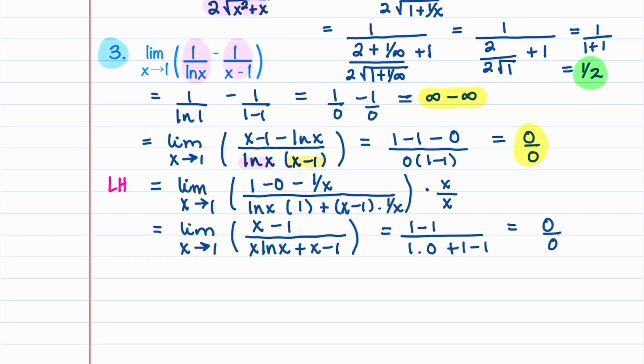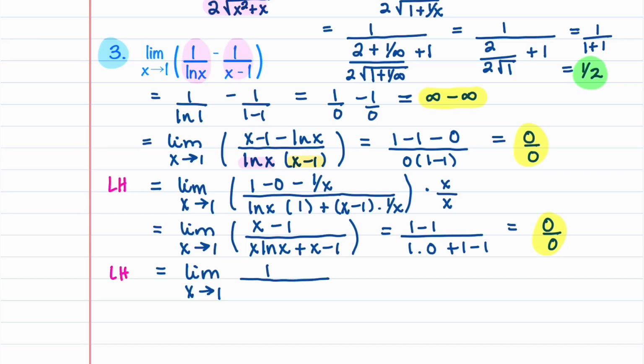Hang with me, I know these are long problems. This is our indeterminate form, but the good news is we can keep using L'Hopital's rule. So let's go ahead and take the derivatives again. We have the limit, x goes to 1. The derivative of x minus 1 is 1.